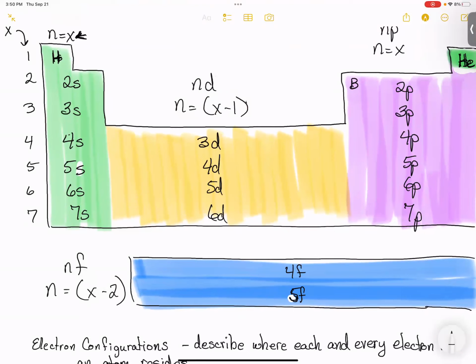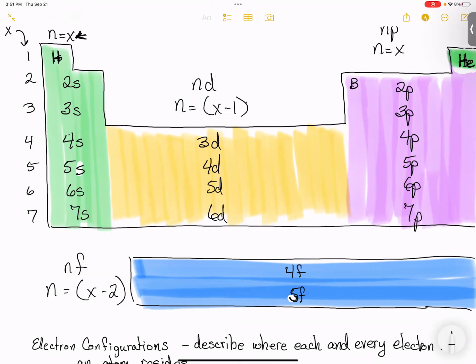Just like when you read a book in the United States, you start at the top left and you read from left to right and then go down the page. When we develop electron configurations, we start at the top left of the periodic table. We read left to right and go down the page.